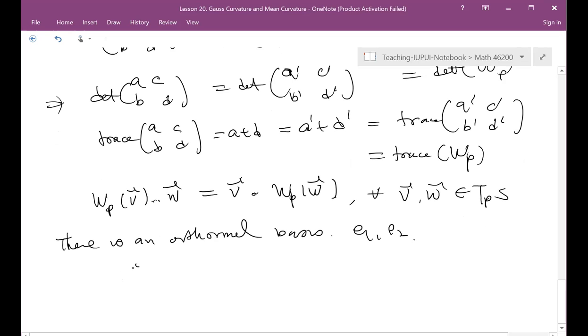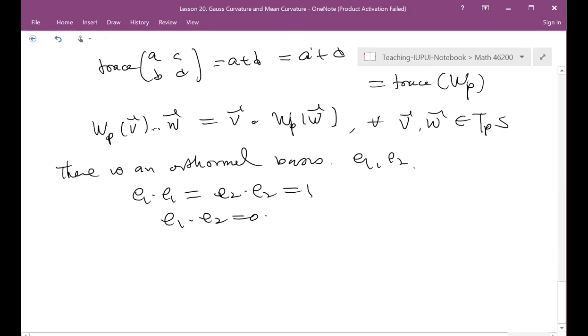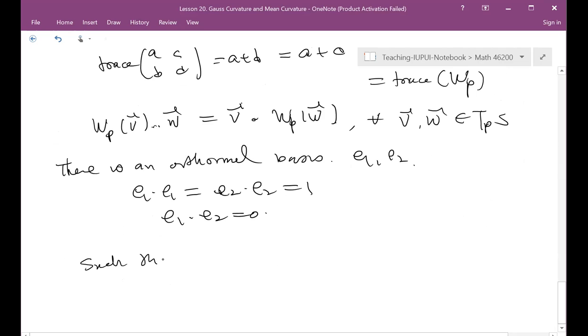That means E1 dot E1 and E2 dot E2 are 1, an orthonormal basis such that W P of E1 equals K1 E1, and W P of E2 equals K2 E2.